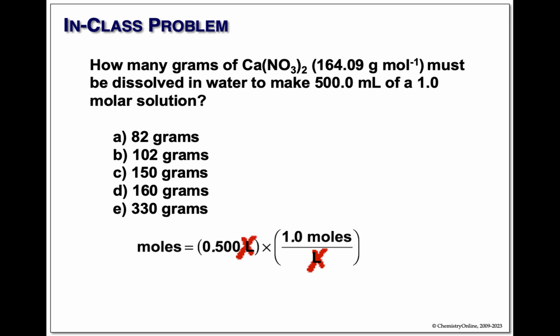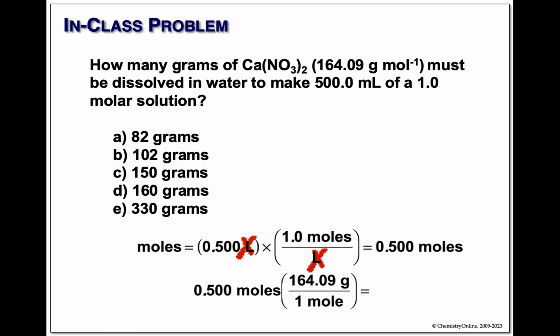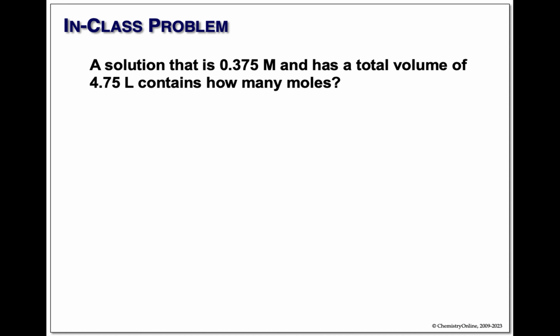This is a concentration, here's our volume, so we're dealing with half a mole. How many grams in half a mole? Here's our number of moles, here's our molar mass. We simply multiply these together: 0.5 times 164. 82 grams.